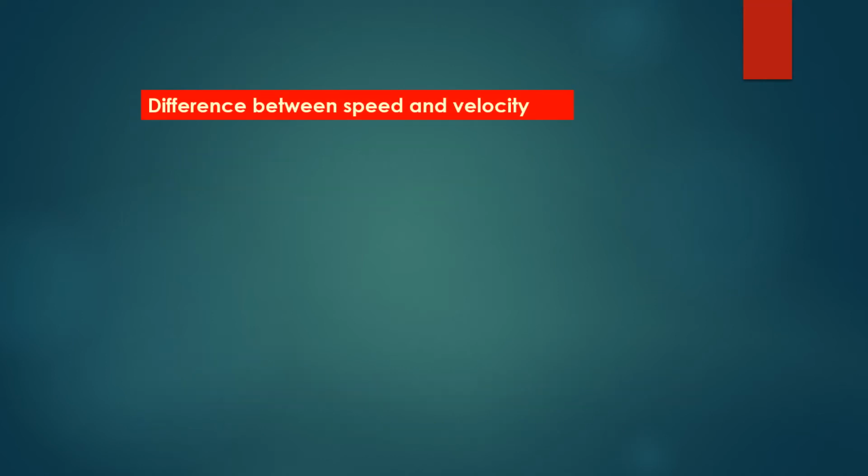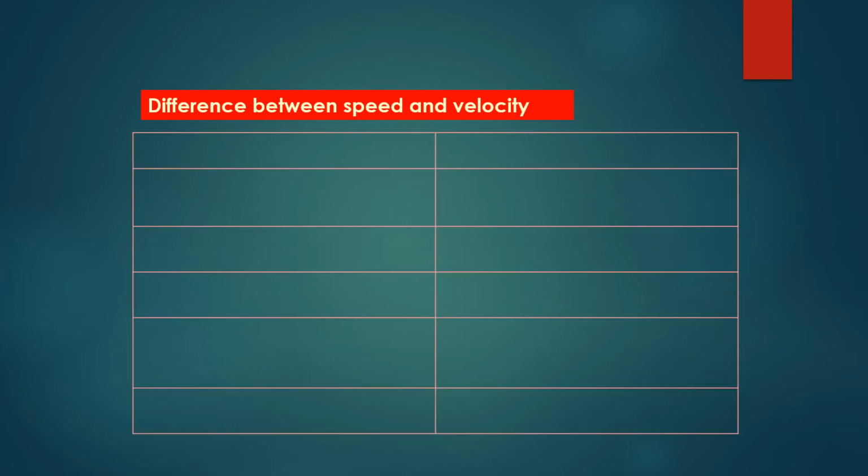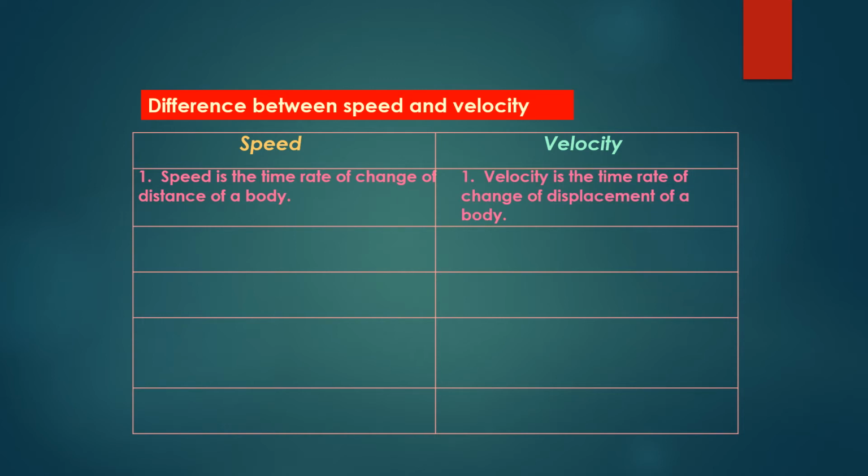Let us differentiate between speed and velocity. Speed is the rate of change of distance of the body, whereas velocity is the rate of change of displacement of a body. Speed tells you nothing about the direction of motion of the object.